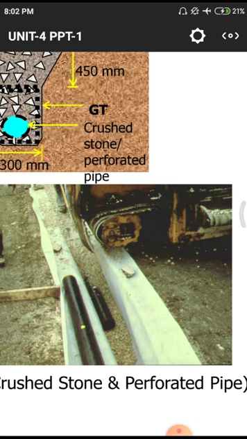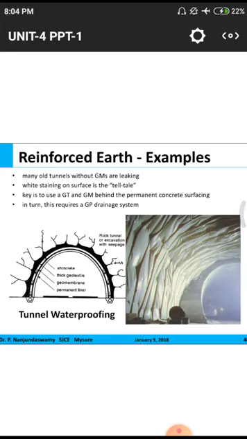Whenever we have tunnel-like structures, many old tunnels with GM, that means GMs, are leaking. Some quantities of groundwater are simply leaking. While starting, the surface is a telltale, that means the total surface has some cracks we have to observe.